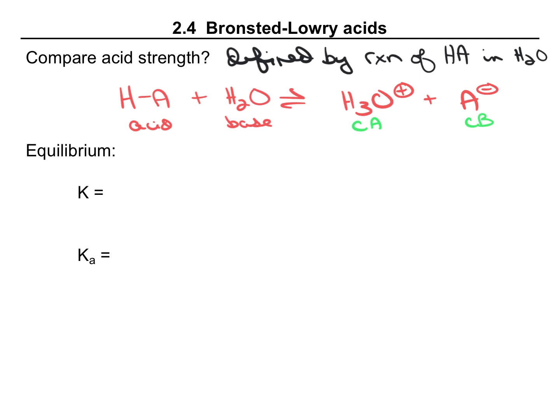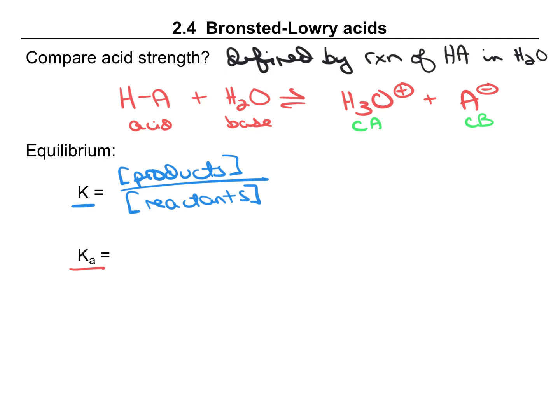Now, in general chemistry, you probably spent a lot of time talking about equilibrium expressions. So we're talking about reactions that move in the forward and the reverse direction. And in general, for the equilibrium expression, we have the equilibrium constant, which is a capital K, and that is equal to the concentration of products divided by the concentration of reactants. So in this case, we're looking at the acid dissociation constant, which is the equilibrium constant for this acid dissociation reaction.